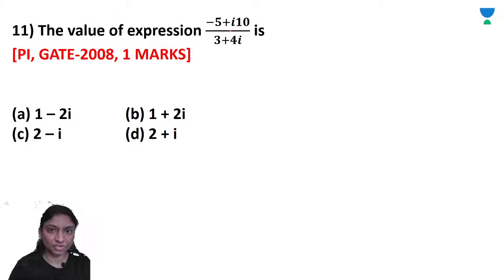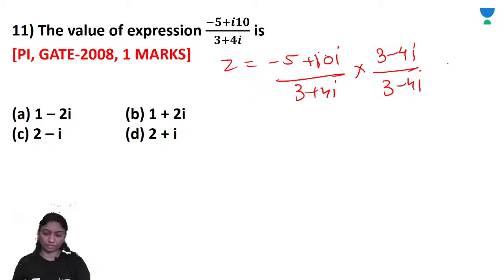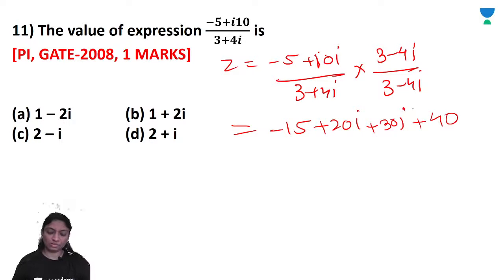the value of the expression (minus 5 plus 10i) upon (3 plus 4i) is the value of the expression. So we will find out the value of the expression: (minus 5 plus 10i) upon (3 plus 4i). So rationalize, multiply by (3 minus 4i) upon (3 minus 4i). Minus 5 into 3 minus 15, minus minus plus 20i plus 30i plus 40 i square, i square is minus 1.